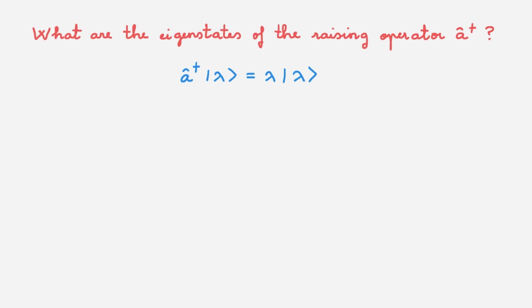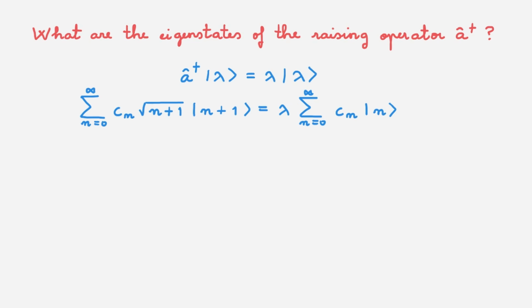Let's make some room. And let's copy the latest expression that we got for the eigenvalue equation of the raising operator in the energy basis. As the different energy eigenstates are orthogonal, then this equality will hold if the coefficients in front of each of the energy eigenstates match on both sides.